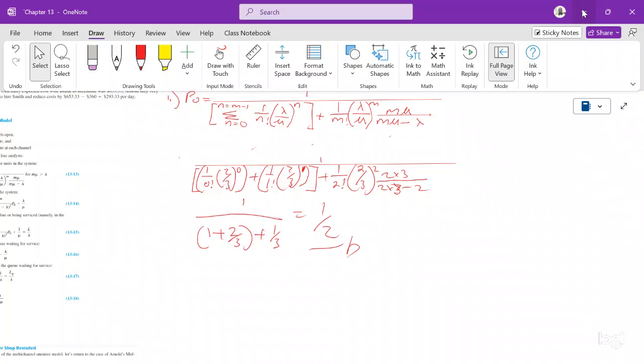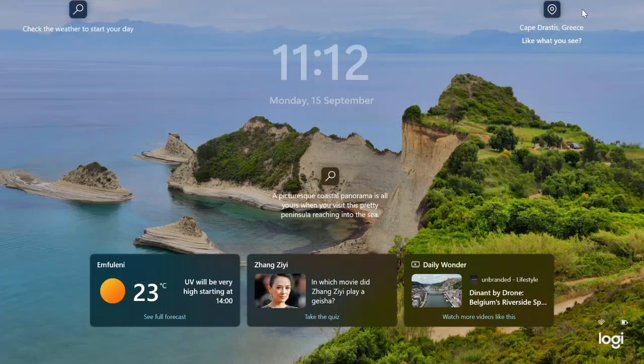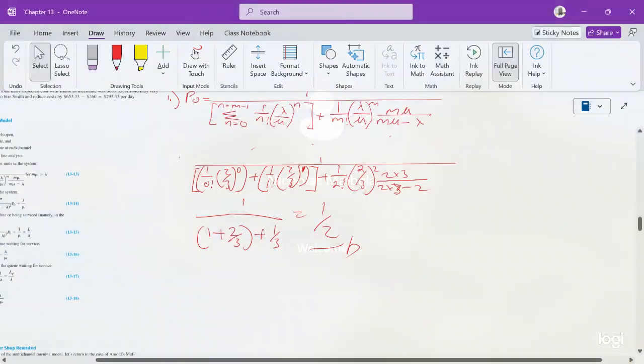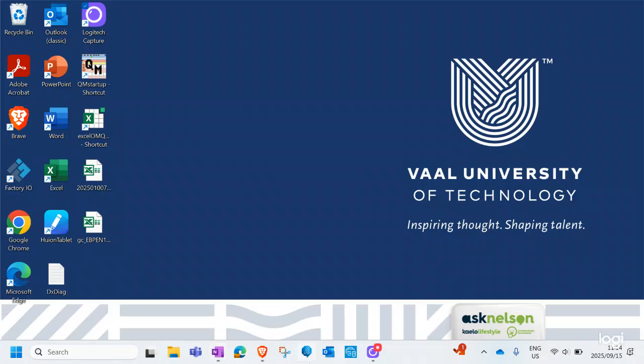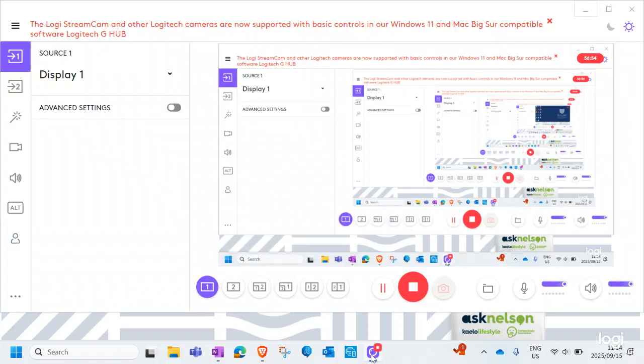Then the nice thing is we already found the p value, and therefore here we have 2 multiplied by 3, bracket 2 over 3 to the power 2, and we have 2 minus 1 factorial, and 2 times 3 minus 2 to the power 2.